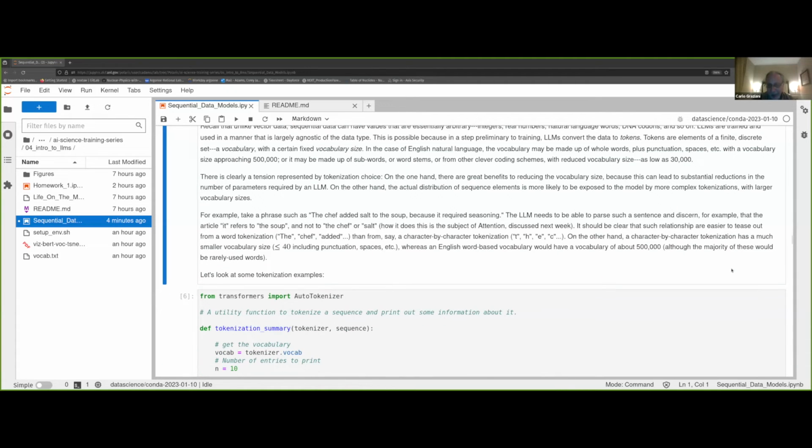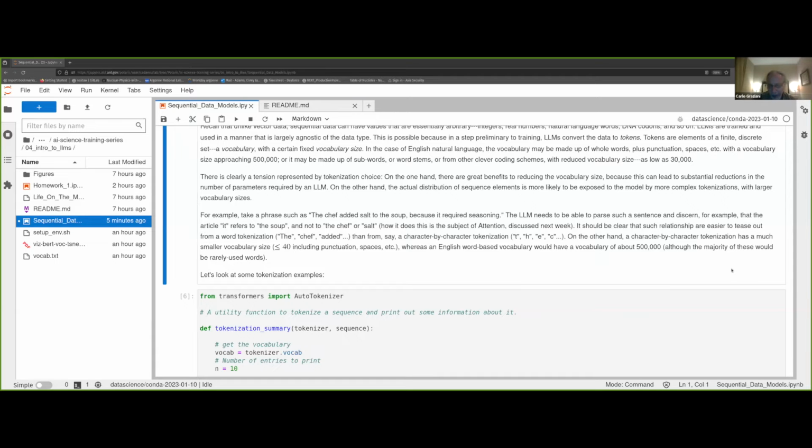The LLM needs to be able to parse this sentence and figure out that when the word "it" appears, in "it required seasoning," it refers to the soup. It does not refer to the chef, or to the salt, and how it does this is basically through the attention mechanism that we're not going to talk about today.